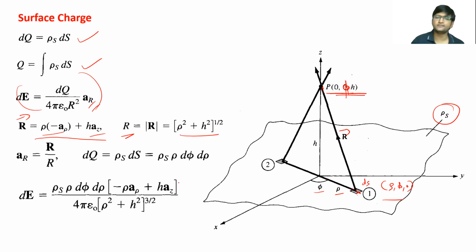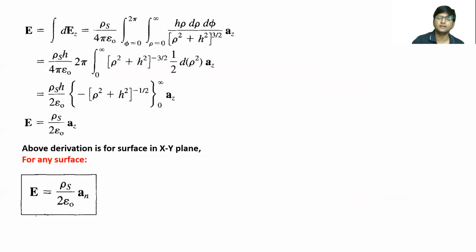So it is exactly the same process as the line charge case. You will get your dq as rho s ds, and in surface integrals, you remember that ds is represented like this: rho d phi d rho. We will put this in the final equation of E, and finally take the integral.